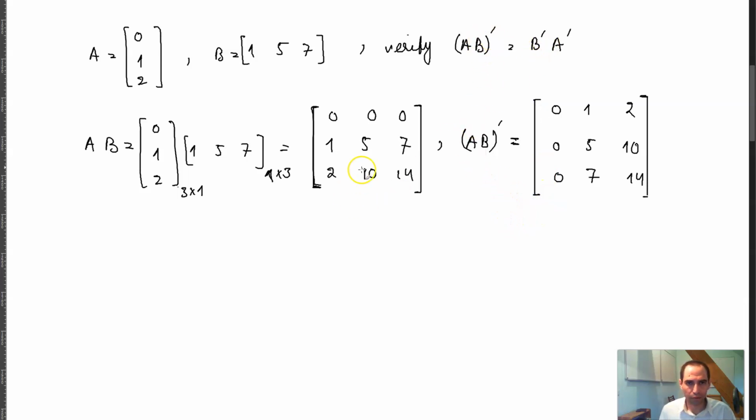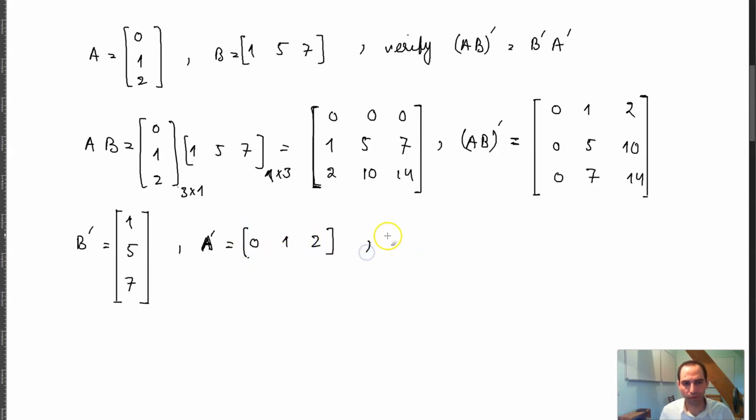Now what is B prime times A prime? So B prime is the same thing as this matrix. Take the transpose of that, 1, 5, 7, and A prime is basically this matrix, so 0, 1, and 2.